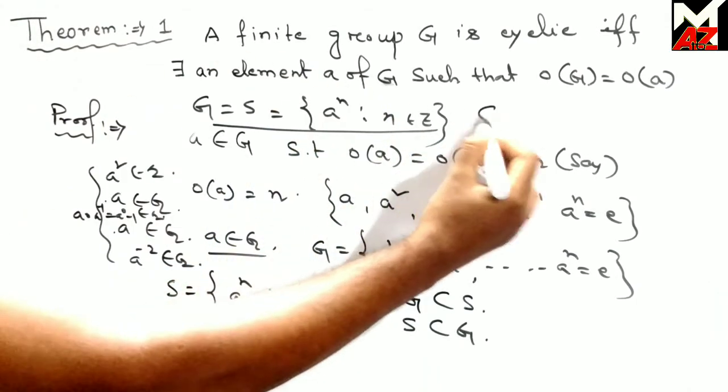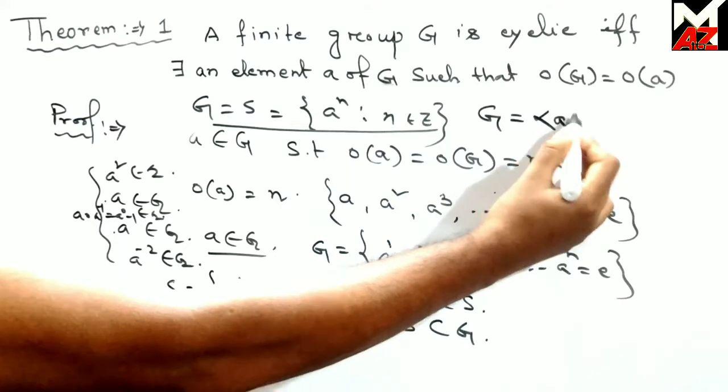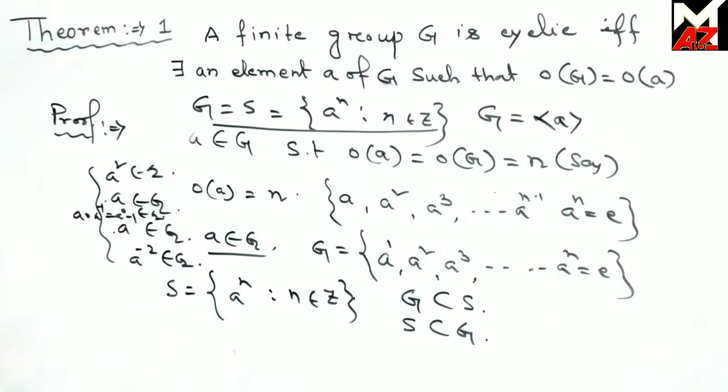Okay, so we write G is equal to the cyclic group generated by A.